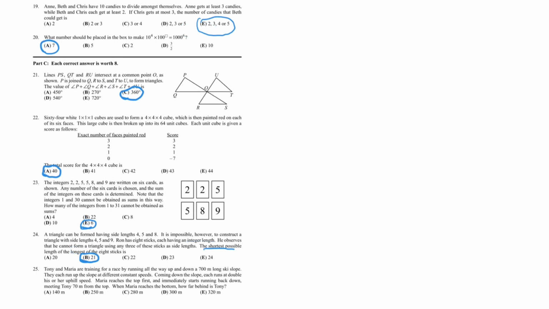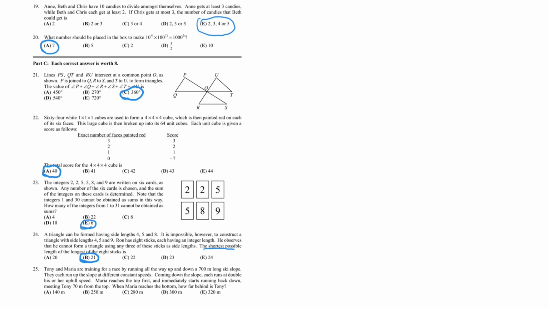Number 25. Tony and Maria are training for a race by running all the way up and down a 700-meter long ski slope. They each run up the slope at different constant speeds. Coming down the slope, each runs double his or her uphill speed.